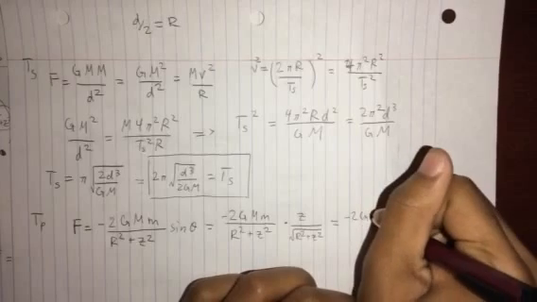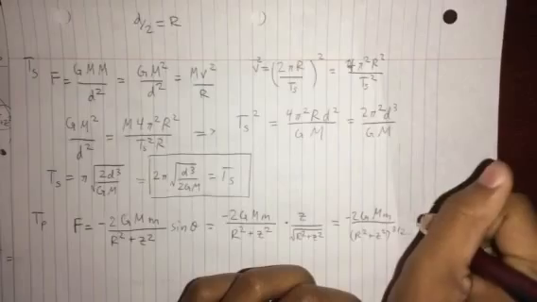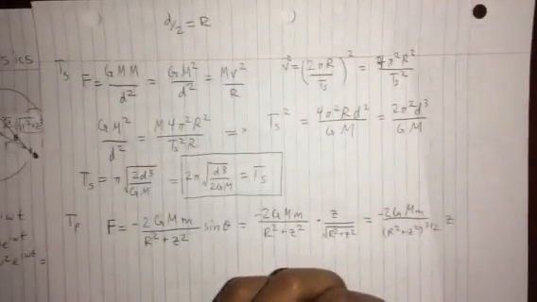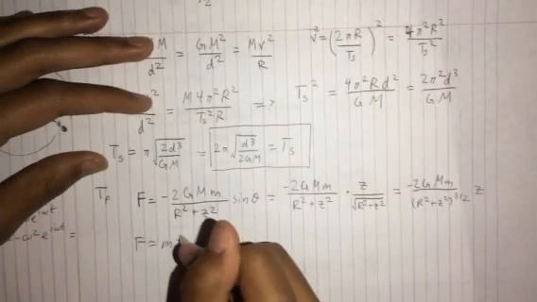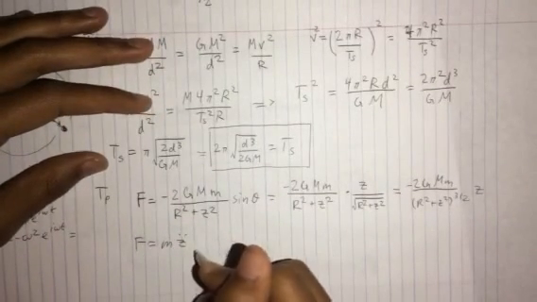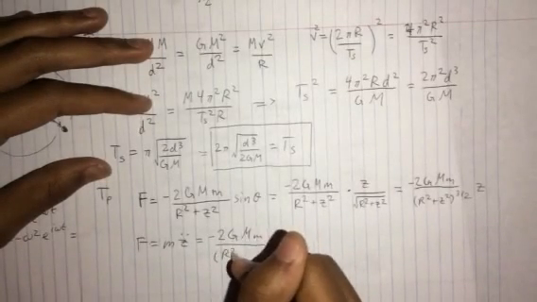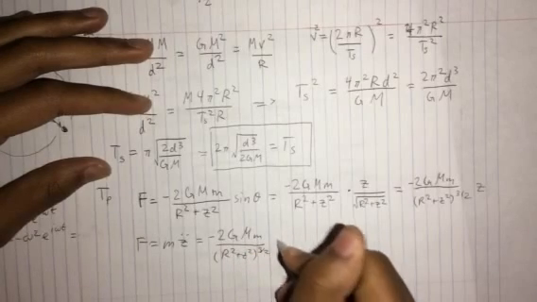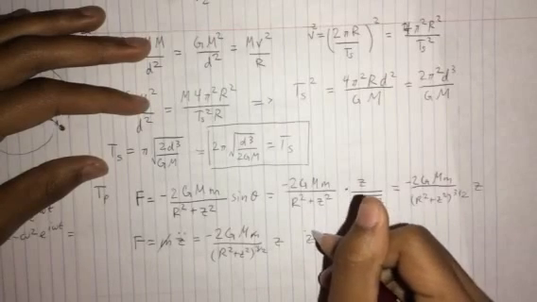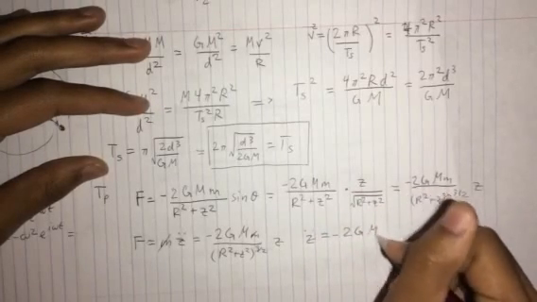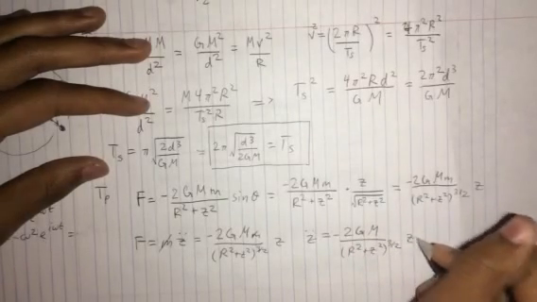This is negative 2GMm over r squared plus z squared to the 3/2, times z. But we also know that the force is m z double dot, the acceleration in the z direction, which is negative 2GMm over r squared plus z squared to the 3/2, times z. If we cancel out m, we get z double dot equals negative 2GM over r squared plus z squared to the 3/2, times z.